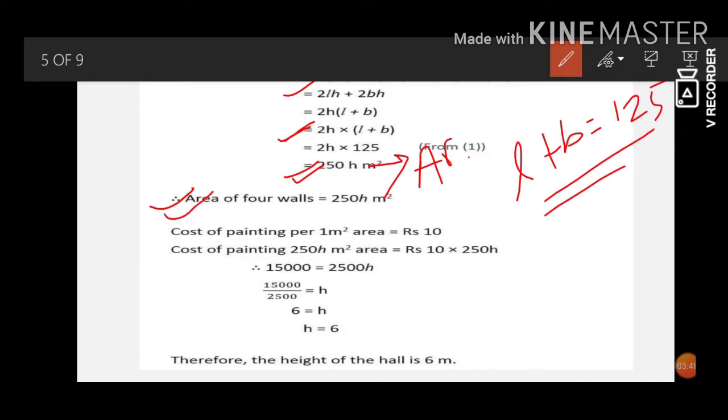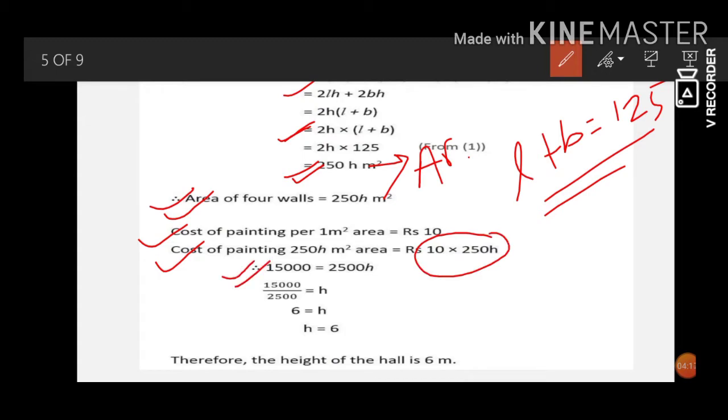Now the area of the four walls is 250 H meter square. In the question, the cost of painting the walls is given. So the cost of painting per meter square is rupees 10. The cost of painting 250 H meter square will be 10 into 250 H. Now this 10 into 250 H is given in the question as 15,000 rupees.